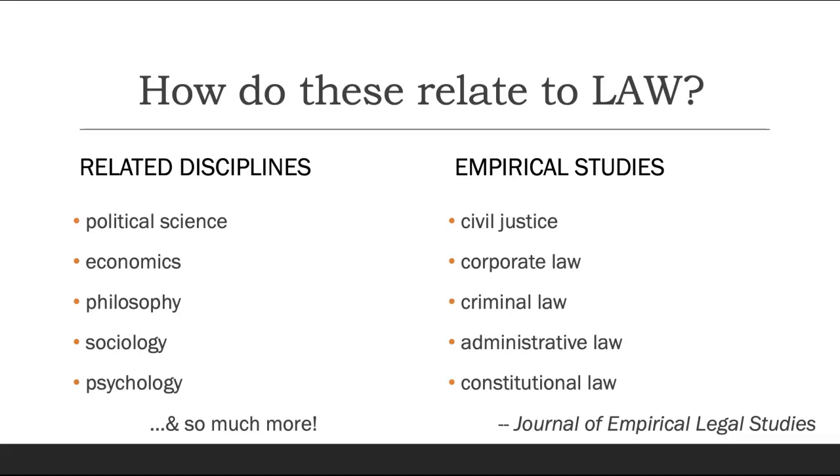Okay, so as you can see listed here, we're seeing more empirical research, whether qualitative data or quantitative data, discussed alongside the areas of civil justice, corporate, criminal, administrative, constitutional law, right? So again, this is not an exhaustive list, but here are some examples of where you're seeing this increased empirical discussion.